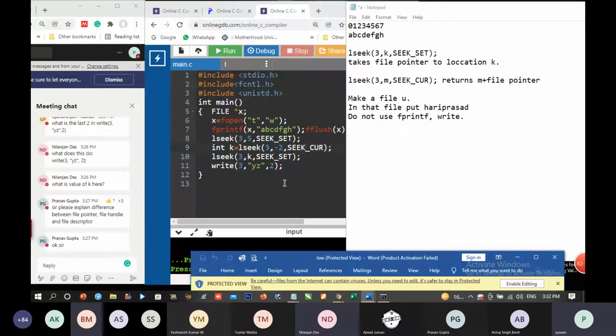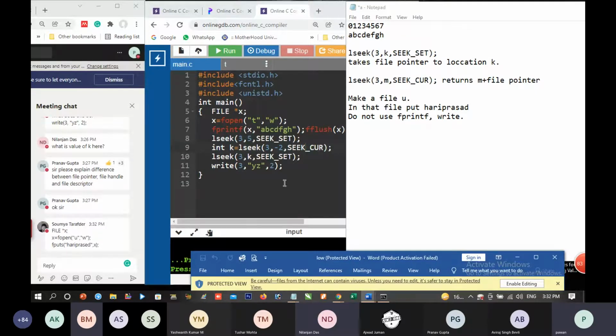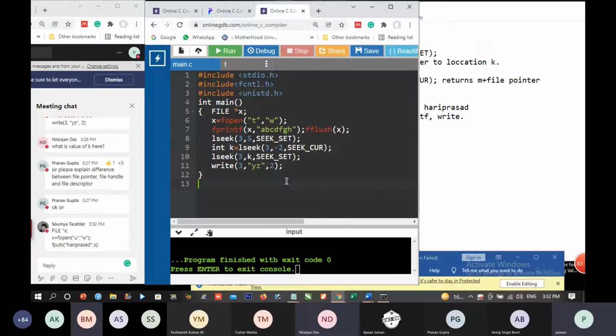Sir, can you explain the line once again? int k = lseek(3, -2, SEEK_CUR). Because SEEK_CUR means the current position with respect to the current position. The file pointer is not reduced by 2, but it returns file pointer -2. Is it correct?